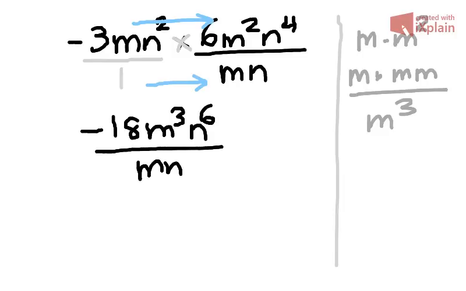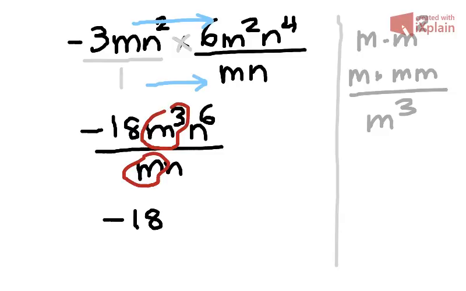If we choose to do this method, which is first multiply top by top, bottom by bottom, then we have to simplify. First let's check the numbers. 18 and invisible 1 on the bottom, so no need to simplify anything. So the negative 18 stays there. Now let's look at the m's. m cubed divided by m. Yes, we can simplify this.